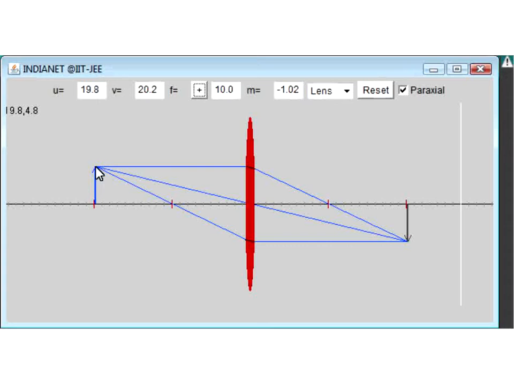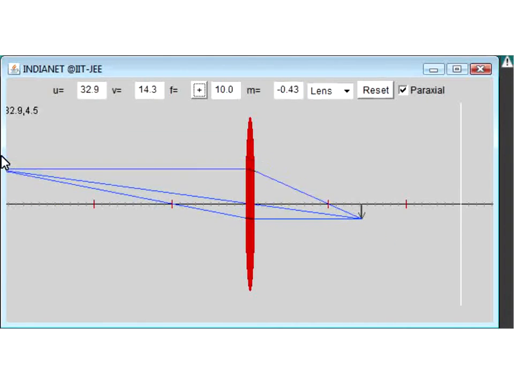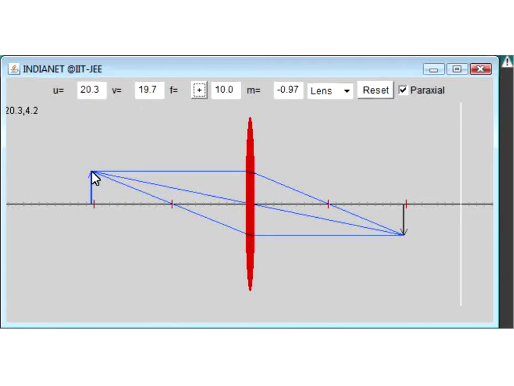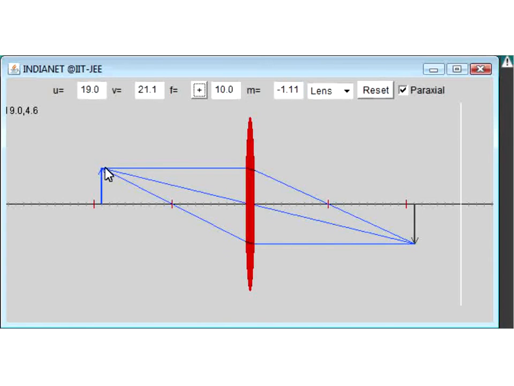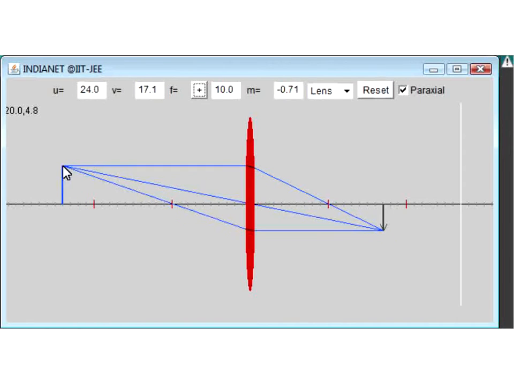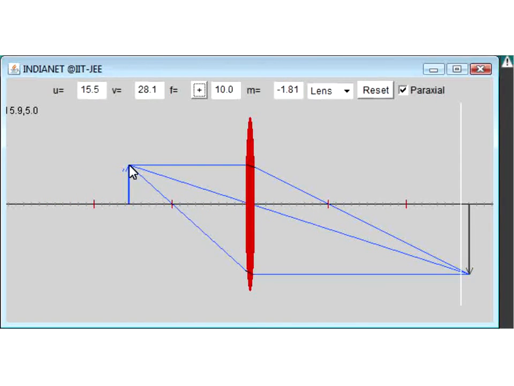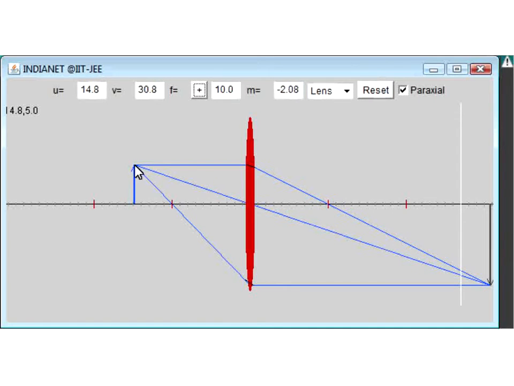Or let's say C, beyond C. Now if I cross this C and go towards F, at C the size is same. Beyond C, small. And towards F you will find the size becoming larger and larger. Now it is larger, but opposite and real.